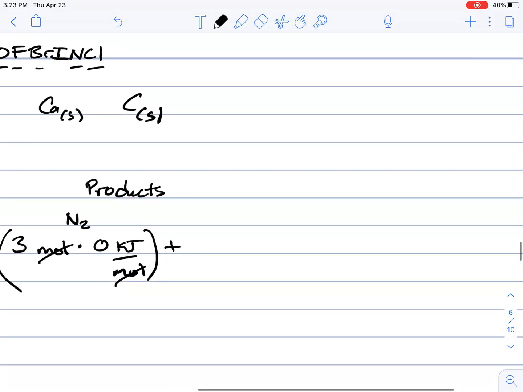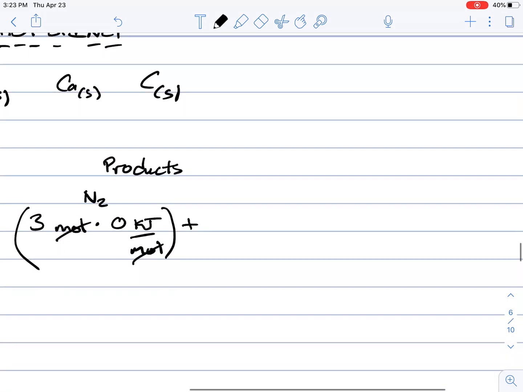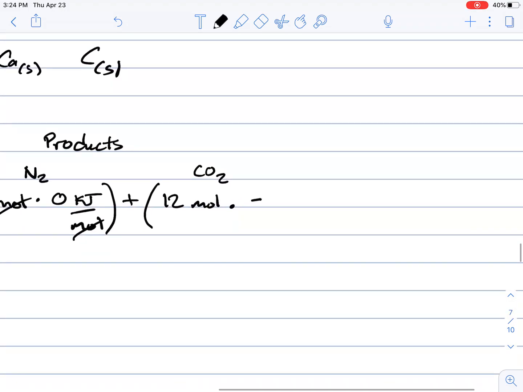I'm going to repeat the same procedure for CO2. For CO2, I have 12 moles, because that's the coefficient, times negative 393.5. And once again, notice that the unit is going to cancel out.